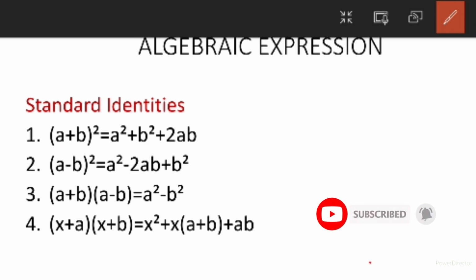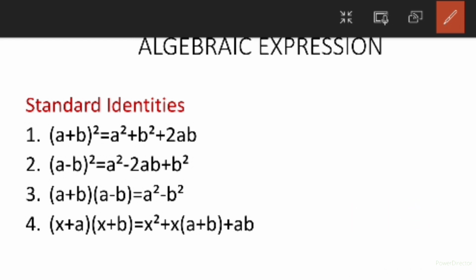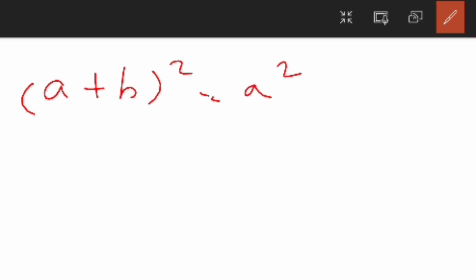Okay children, see, first we will take (a plus b) the whole square. Okay, so we saw a squared plus b squared plus 2ab.